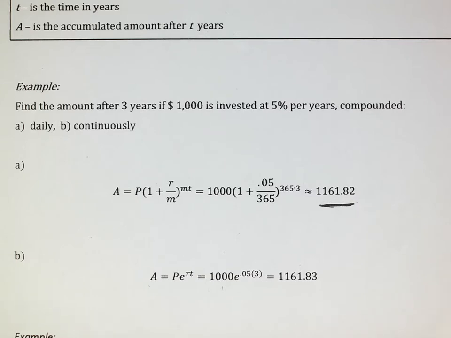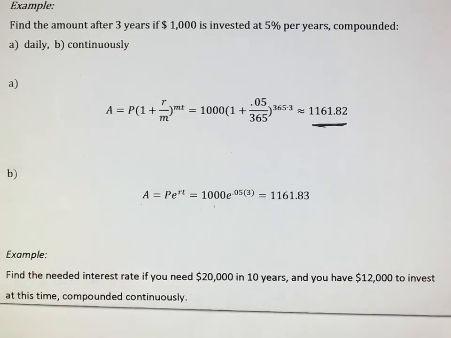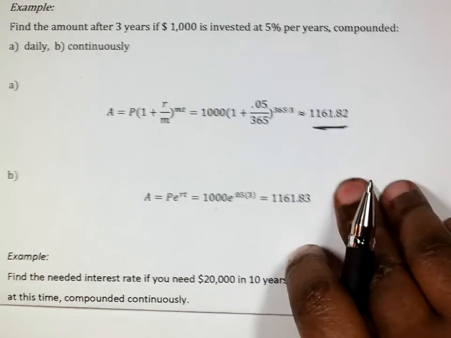And then we have: find the needed interest rate if you need $20,000 in 10 years and you have $12,000 to invest. And this is going to be compounded continuously. So what we need to do is figure out what interest rate, so we know which institution to go to in order to have this money at the end of 10 years.